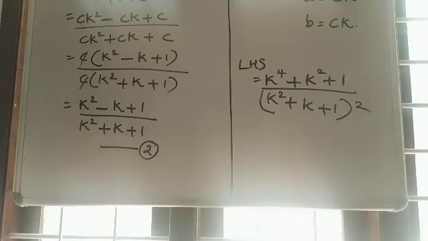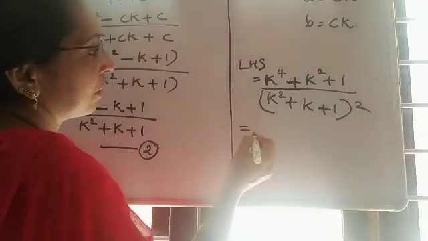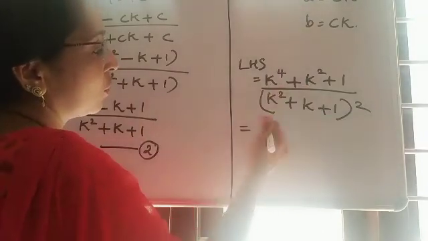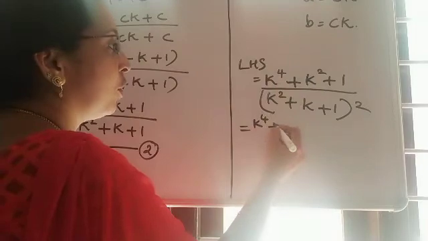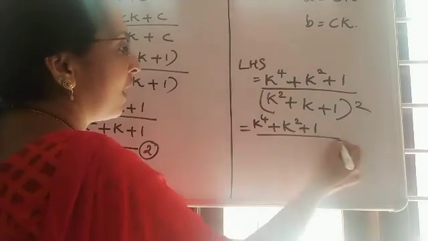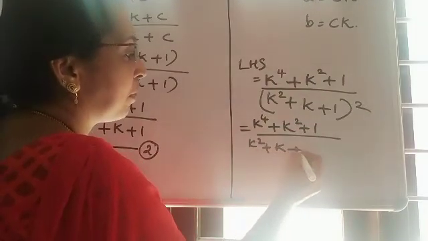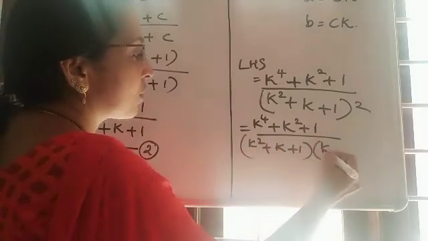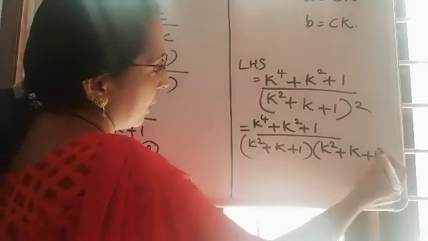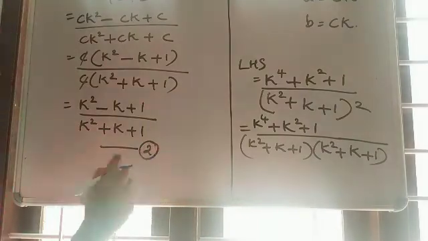How are we getting that equation number 1? We are adjusting this, no? So what we do: k raised to 4 plus k square plus 1 divided by k square plus k plus 1 into k square plus k plus 1. So what I told, no? After LHS part, after RHS part, I will clear your doubt.